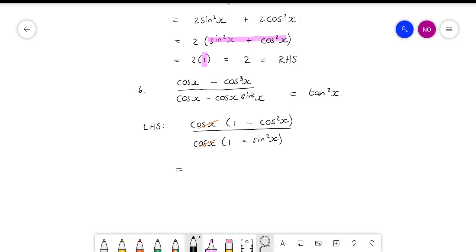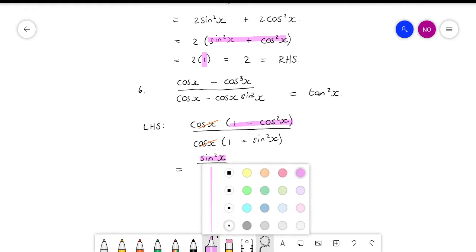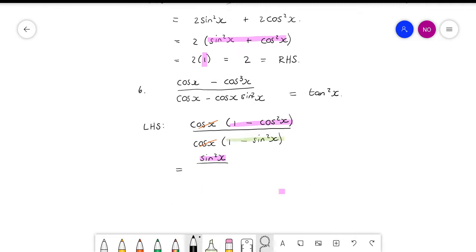Hierbo het ek net daai ene oor en as wat kan ek dit skryf? Sin kwadraat x. En hieronder het ek net hierdie hakie oor. As wat kan ek hierdie hakie skryf? Cos kwadraat x. En wat is daai?